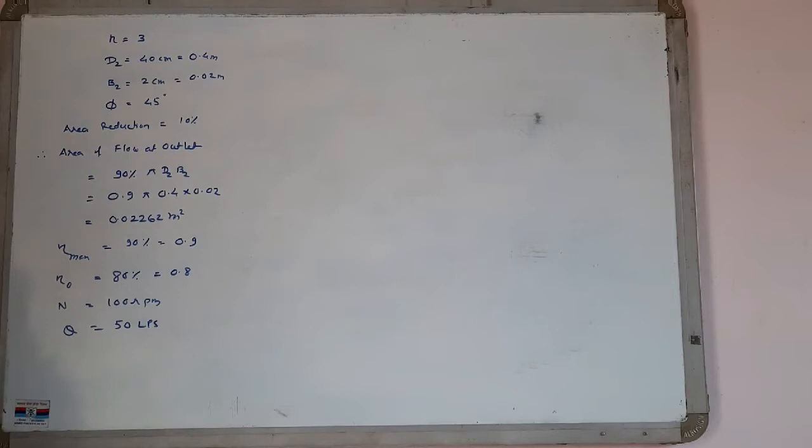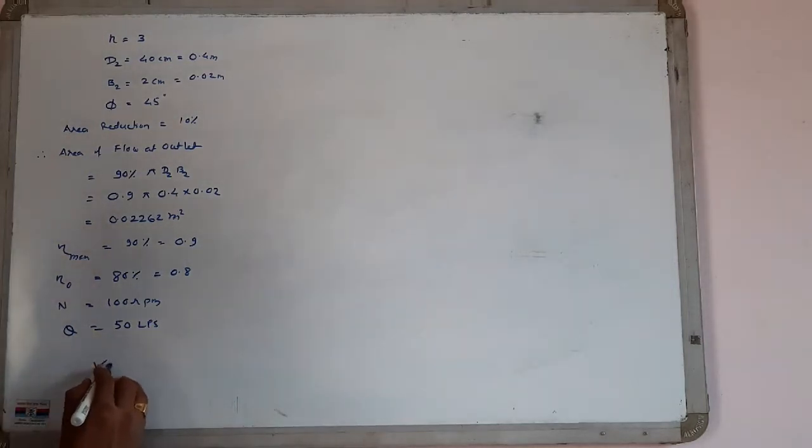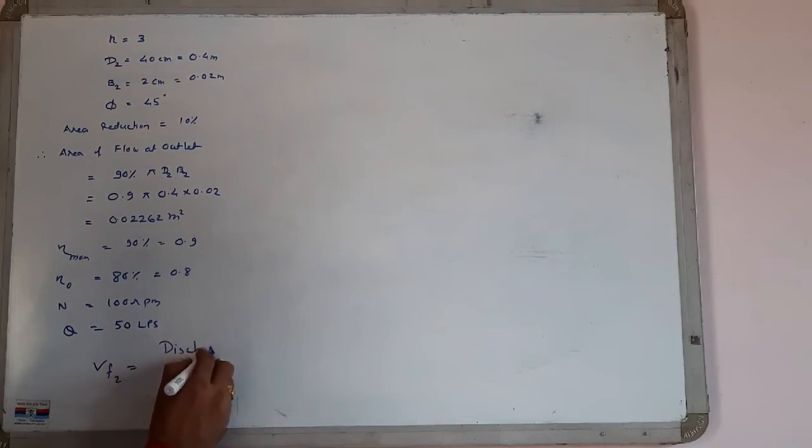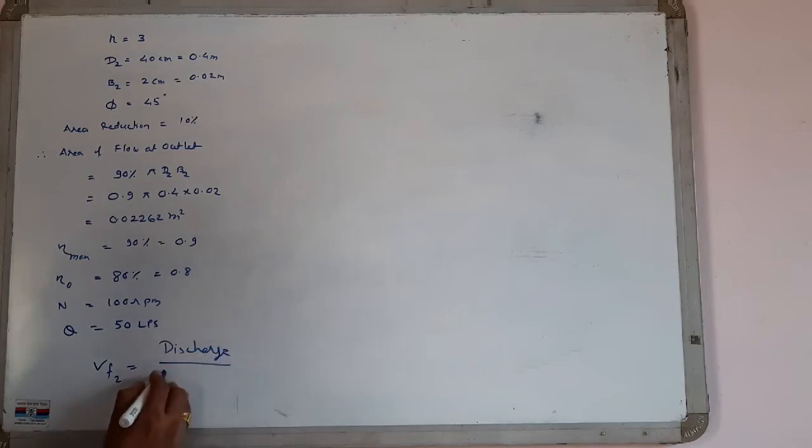Now velocity of flow at outlet VF2 equal to discharge by area of flow.